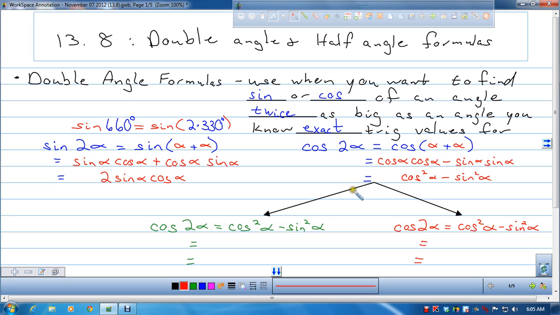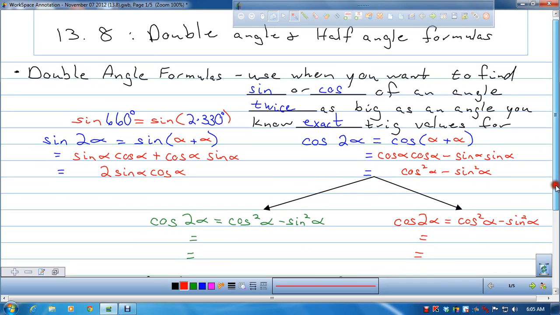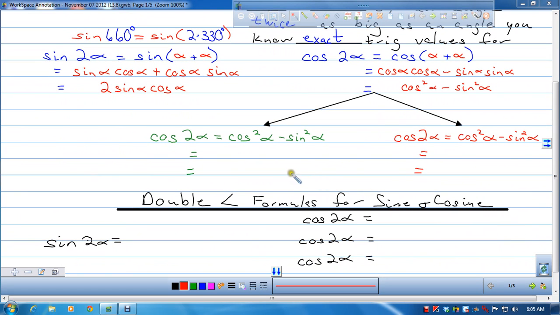Okay, and now we'll actually develop two different formulas from this. The first we'll show in green here. What we want to do is turn cosine squared into sine squared, because we want them to be in terms of one trig function.